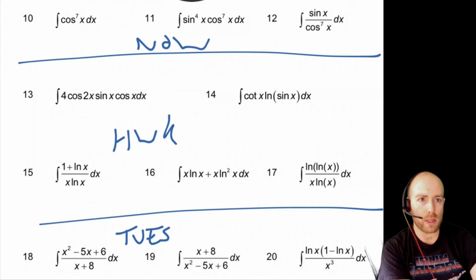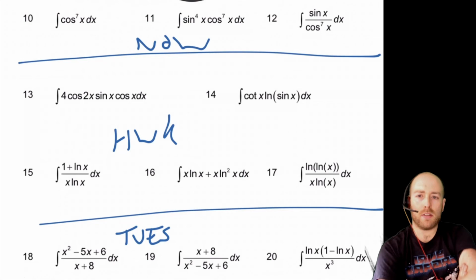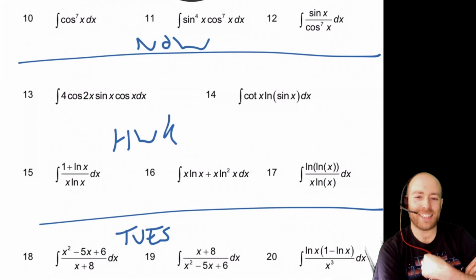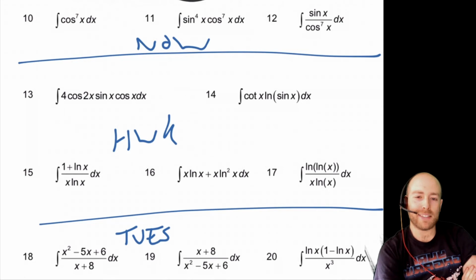All right, so if you want to start that now, question 10 looks easy. Question 11 looks pretty nasty. Cos of 7 sine 4. Ooh, that's not good.